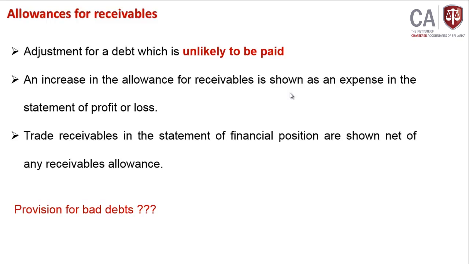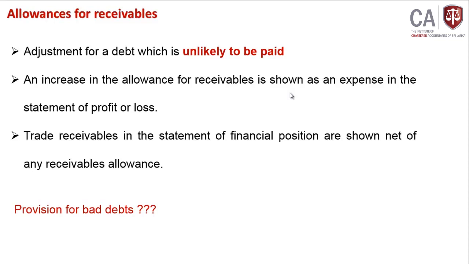Now the last point in the slide, with the question mark: provision for bad debt. You are familiar with provision for bad debts. A very important, powerful message I am sharing with you, so you can come to the right interpretation with this explanation. So far in your A level or other exams, you will talk about provision for bad debt.